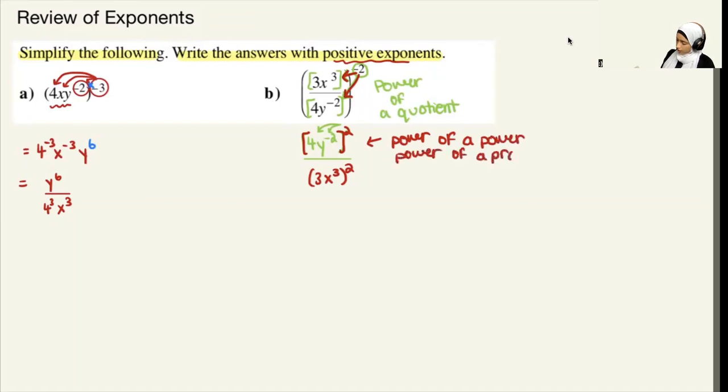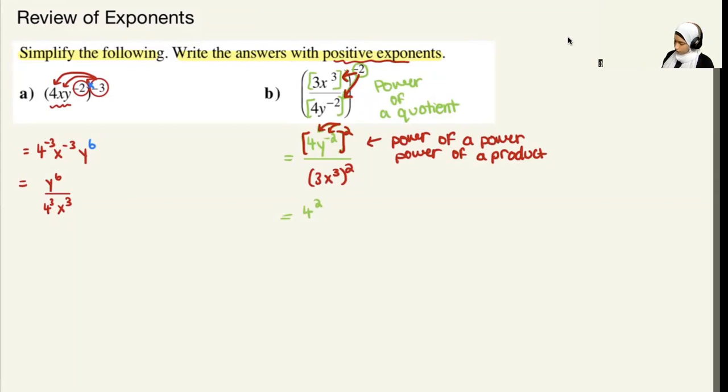There are two things happening over here: power of two things being multiplied, as well as power of an already existing power. So I apply this power of 2 to both of them, and I end up getting 4 to the power of 2 and y to the power of -2 to the power of 2.